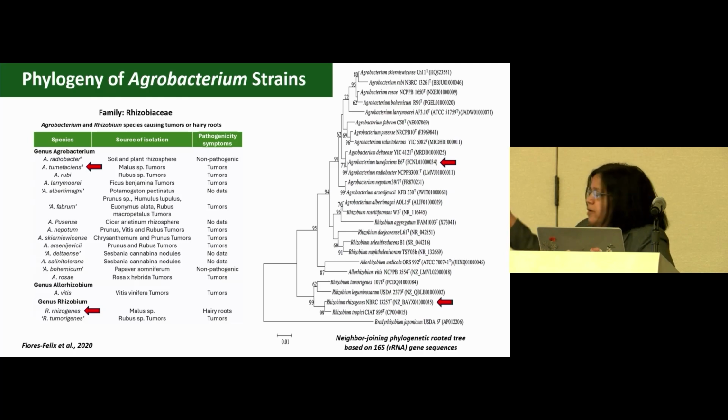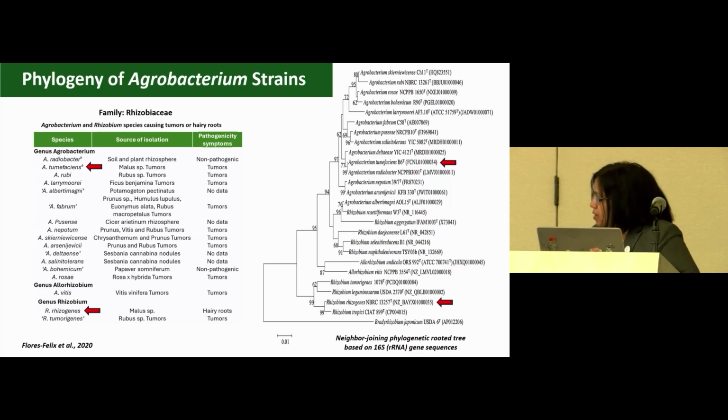So again, how different they are, and so there is a potential that different agrobacterium strains can expand the host range. And then agrobacterium in nature is known to infect dicot plants, but under laboratory settings, it can infect many other organisms and plant species.